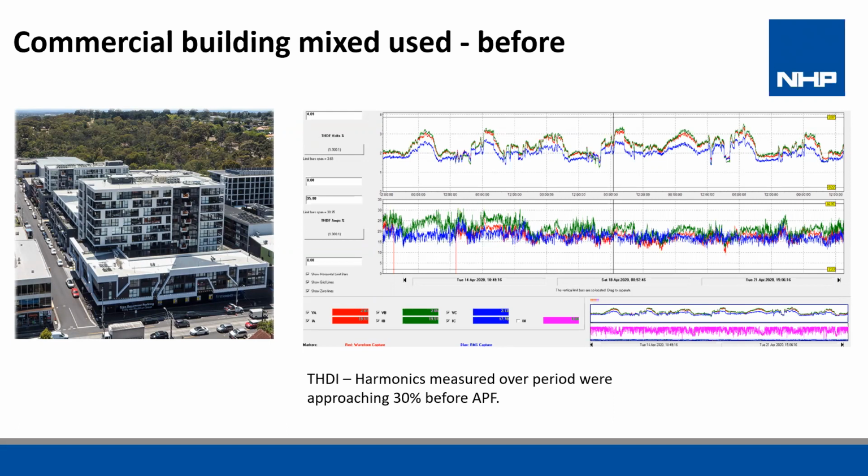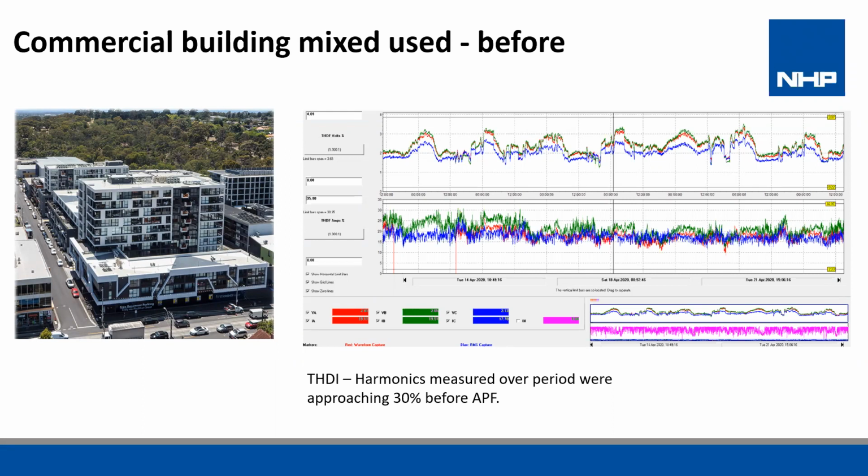So distortion power factor was the issue, and that can be verified by comparing the displacement power factor with the true power factor and also the total harmonic current. So we verified and established the presence of harmonic distortion in the system.